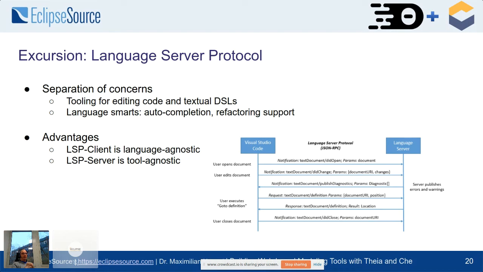Then for every language, you would have a language server that's specific to that language, that understands Java, so that you know what can be auto completed, for example. And the advantages are obvious. You only have to write this LSP client once for a particular IDE, and it is language agnostic. And the LSP server only needs to be written once by the language maintainer, so it's a really neat difference.